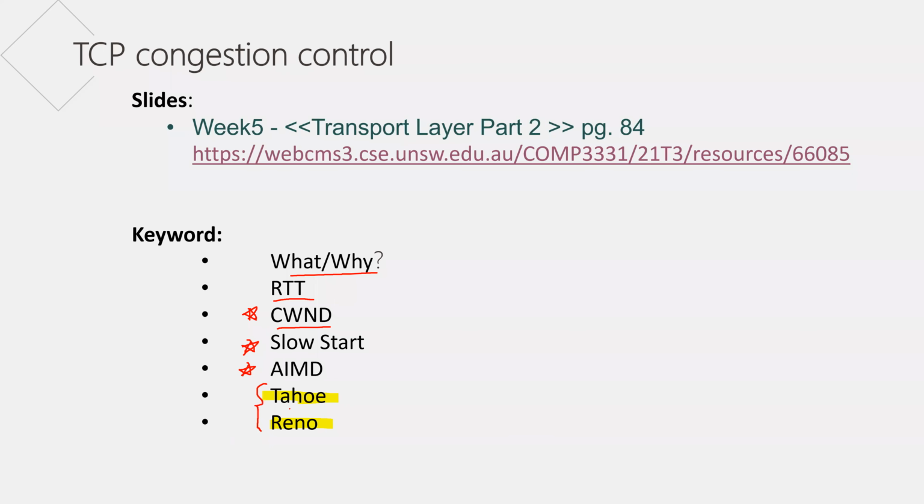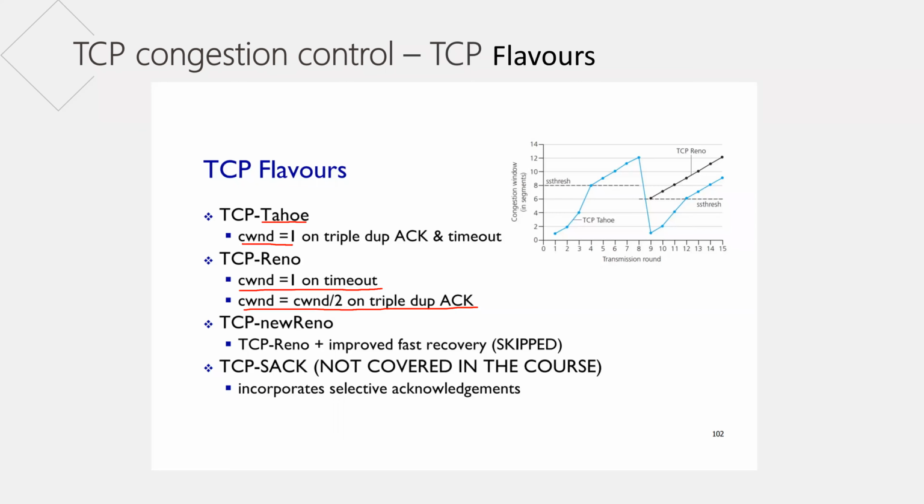If you cannot remember the difference, jump to this page. You can see the difference is in here. When the timeout or the other congestion event happened, what should they do? That's the only difference.